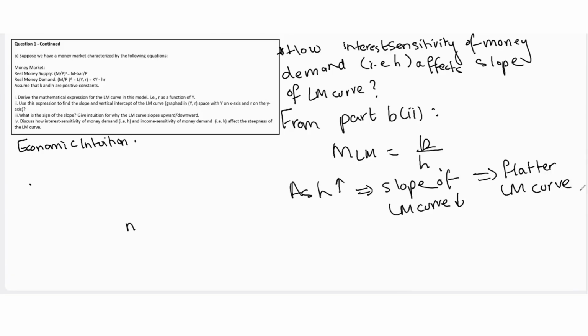What is the economic intuition behind this? The idea is that the way we derive the LM curve is we change income and see what happens to R, right? We know if Y increases, money demand increases.